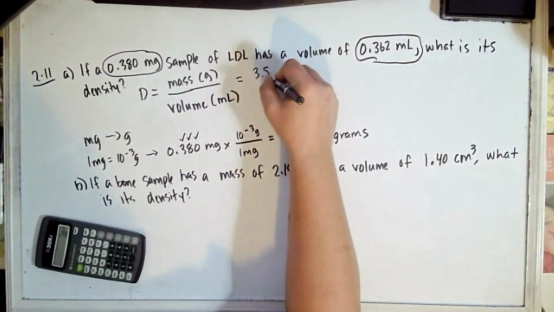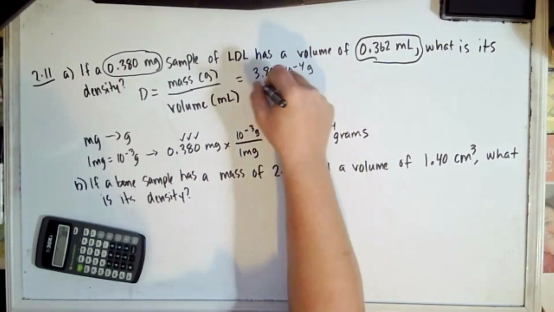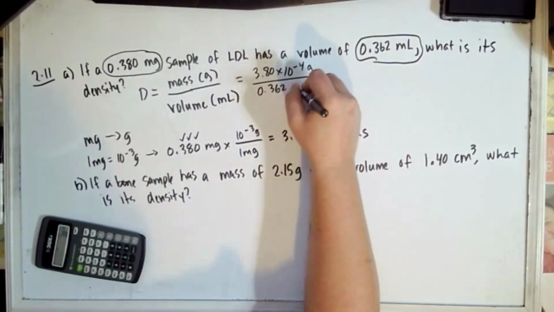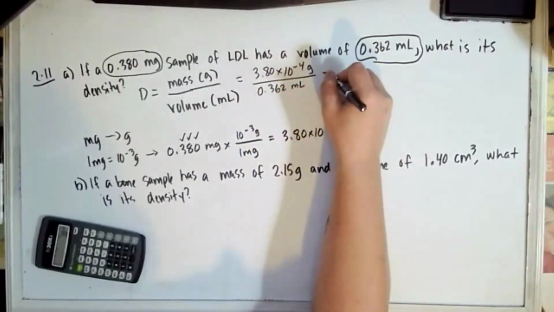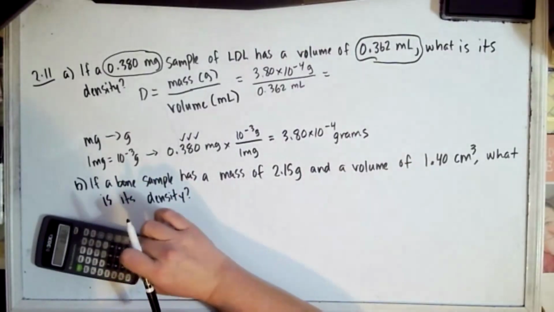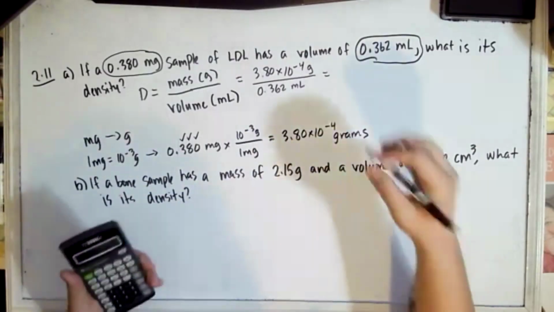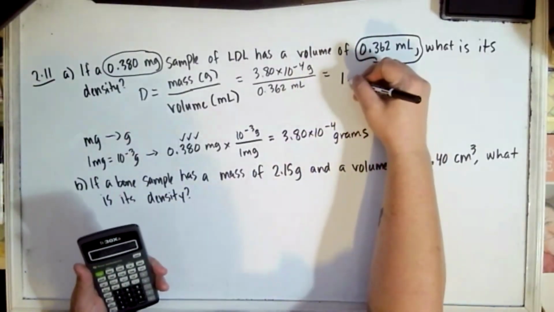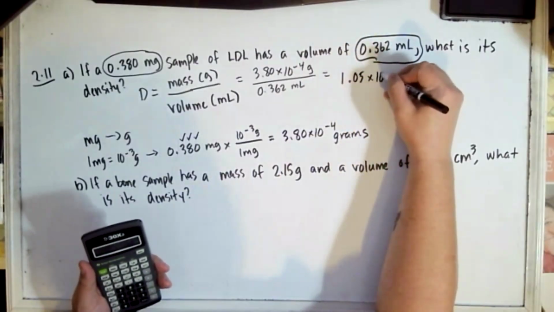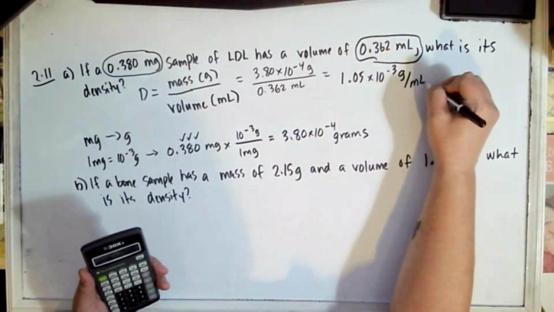So we're going to have 3.80 times 10 to the negative 4 grams divided by 0.362 milliliters. And we end up with 1.05 times 10 to the negative 3 grams per milliliter.